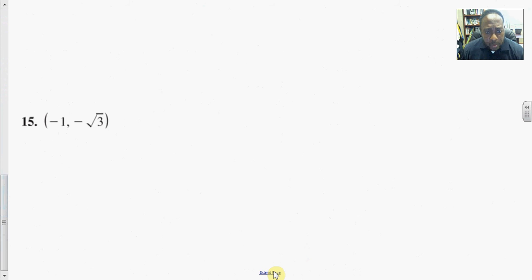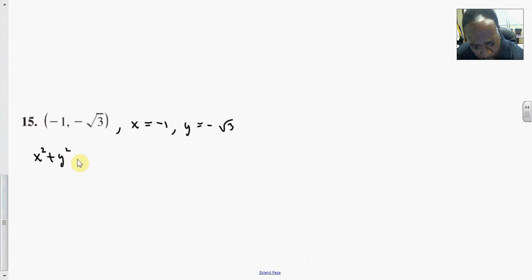What about this one? With the same idea. So x is equal to negative 1 and y is equal to negative the square root of 3. So if x squared plus y squared is equal to r squared, this gives us negative 1 squared plus negative the square root of 3 squared is equal to r squared.